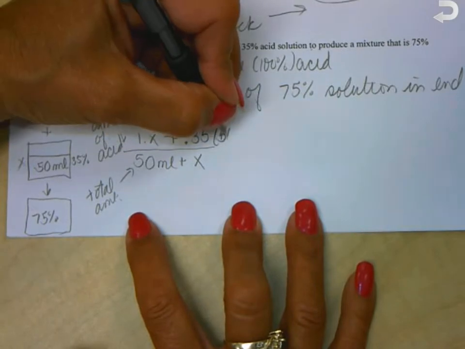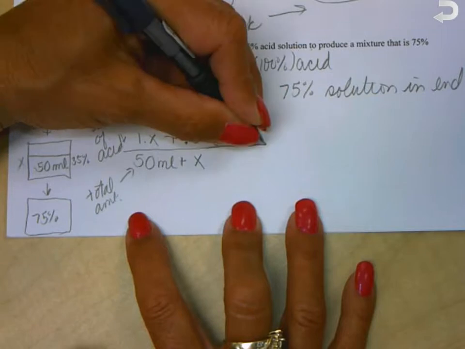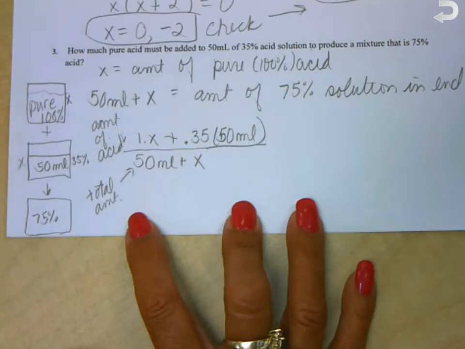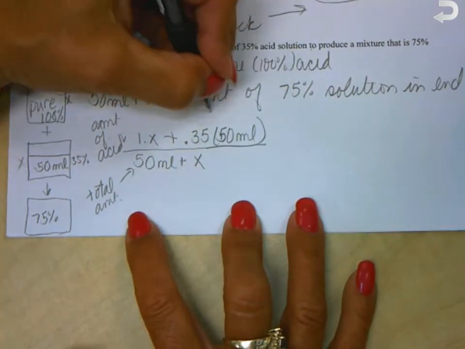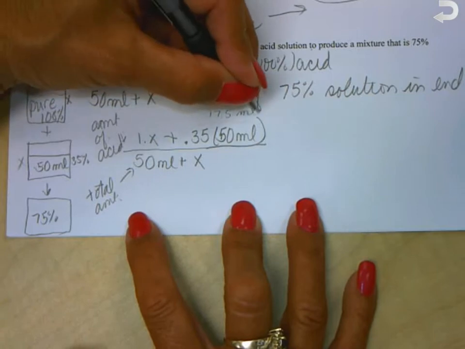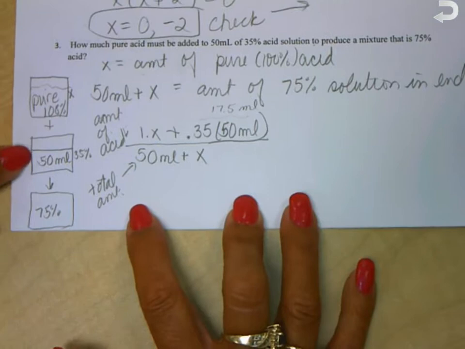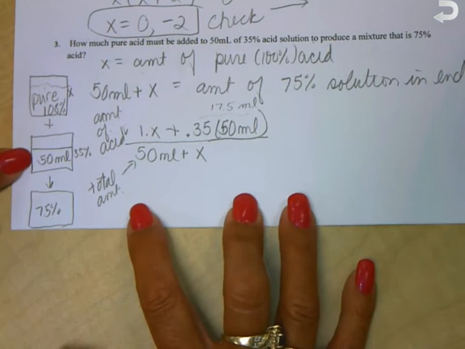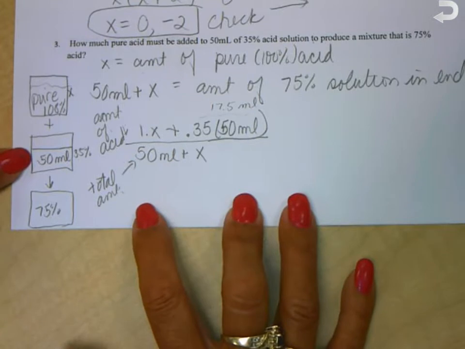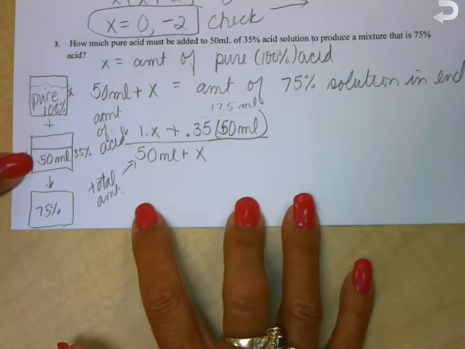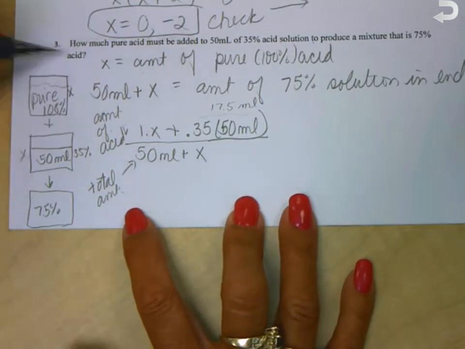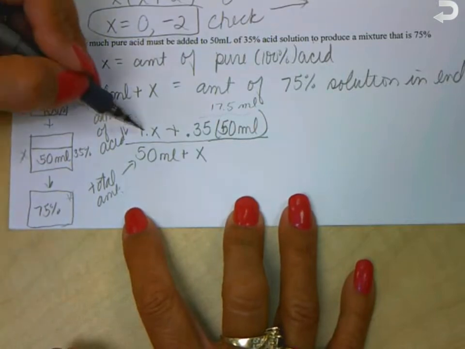Plus, this beaker actually has a specific amount of acid. 35% of my 50 milliliters is acid. This comes out to be 17.5 milliliters. So I have 17.5 milliliters of pure acid in this beaker, and the remaining 32.5 milliliters is water.